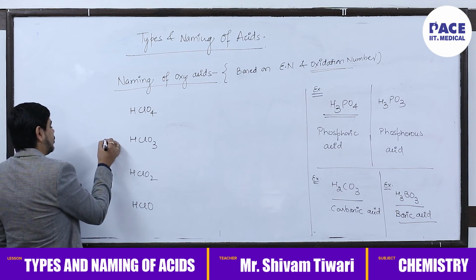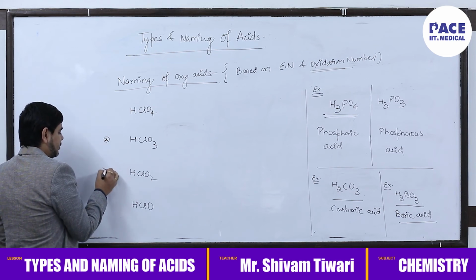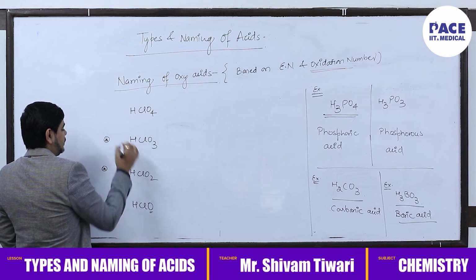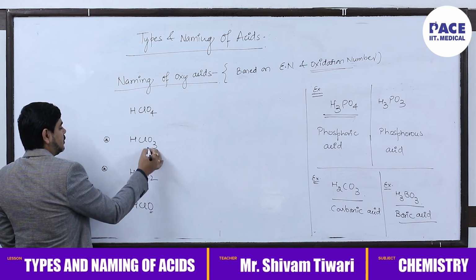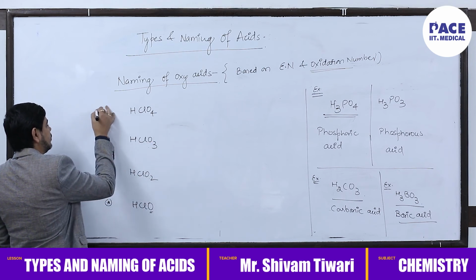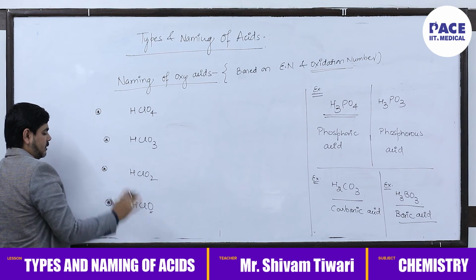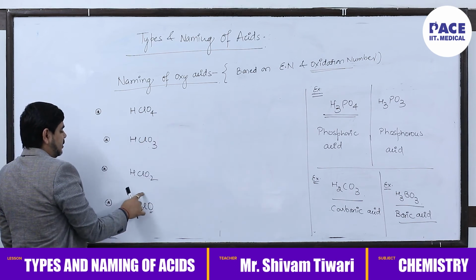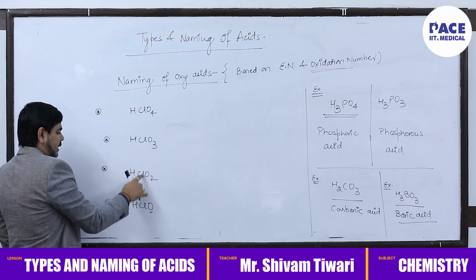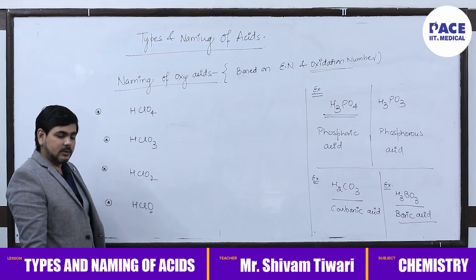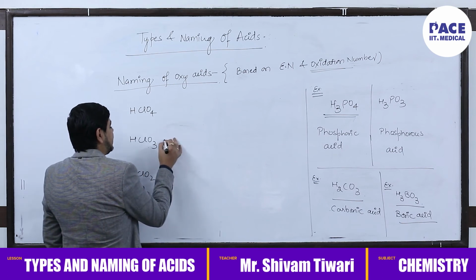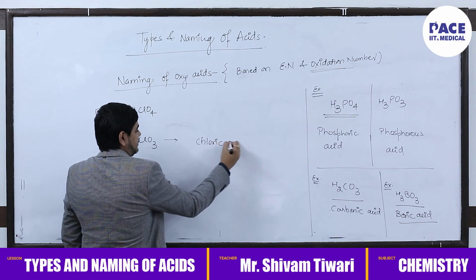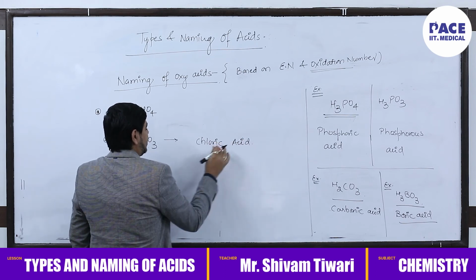In this case you have to remember a little bit, because here the number of oxygen keeps on increasing: oxygen over here 1, 2, 3 and 4. This part you have to keep in mind. When you understand oxidation number, you will easily be able to figure it out, but at your level I am going to give you a trick. You have to remember HClO3 is ic acid, so chloric acid.